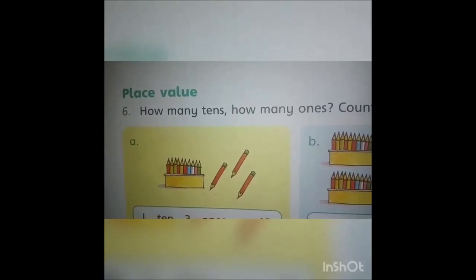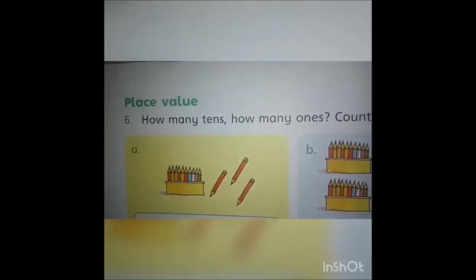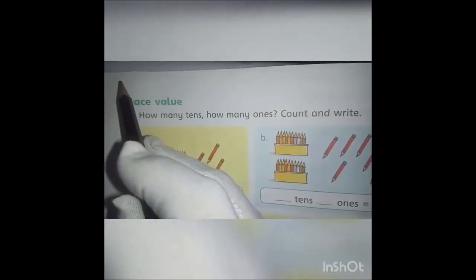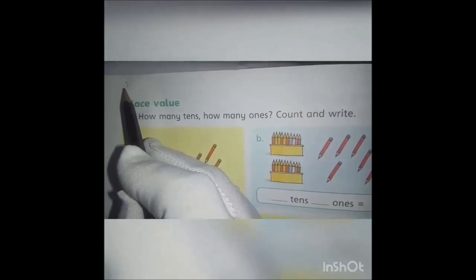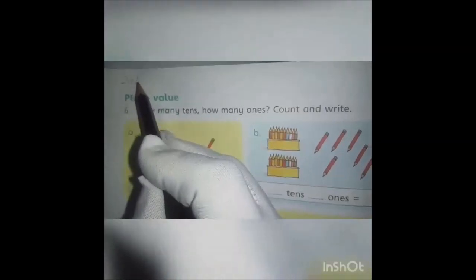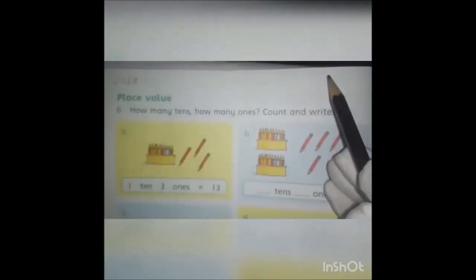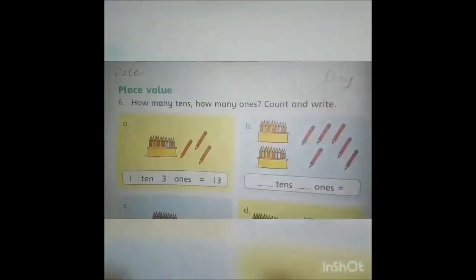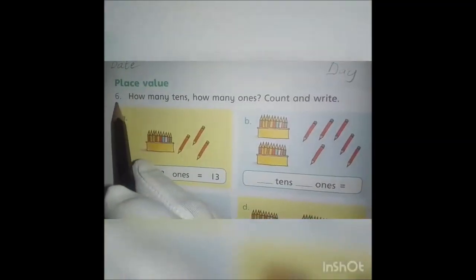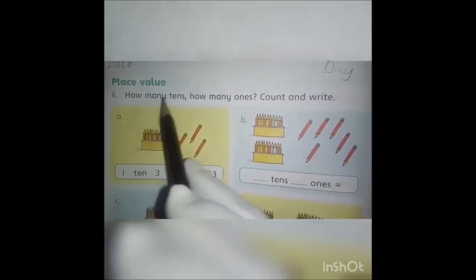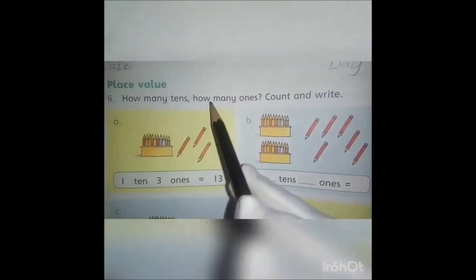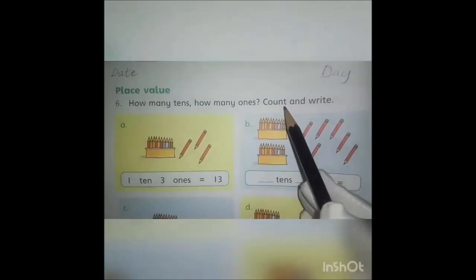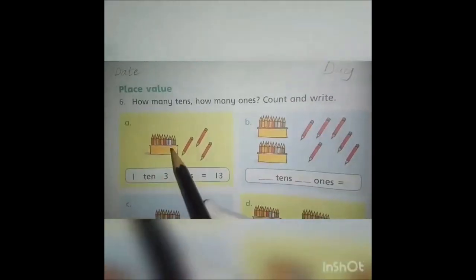Now our new topic is place value. Open page 4. First, children, you put the date and day. Exercise 6. How many tens, how many ones? Count and write.